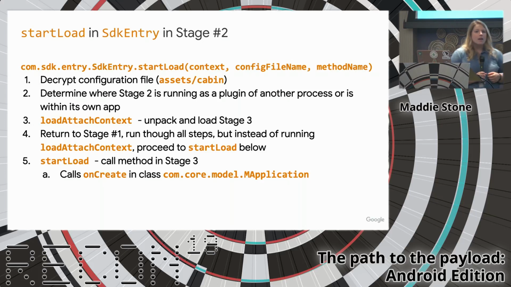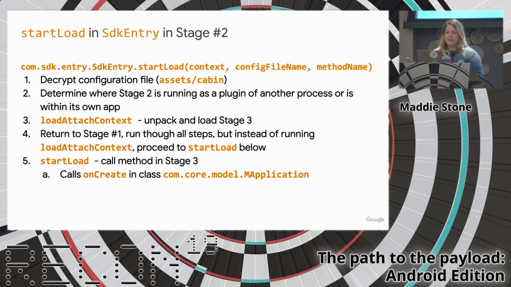You as an analyst could write it up and decide that it is going to run within your app and things like that. So they actually go through and check their personal class loader for their current context and see who is the parent of it, and whether it is running as a plugin of another process or within the stage 1 application.